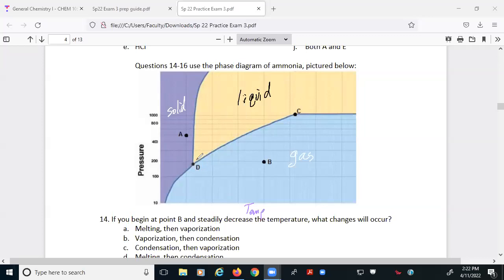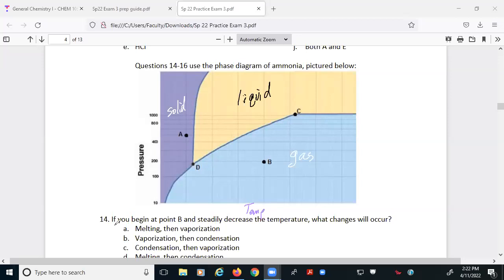Now, the question always is, if I'm looking at something on a boundary line, how many boundaries is that line actually representing? And so if I were on a boundary here just between solid and liquid, then we would call that boundary either freezing or melting, depending upon what direction we were going.